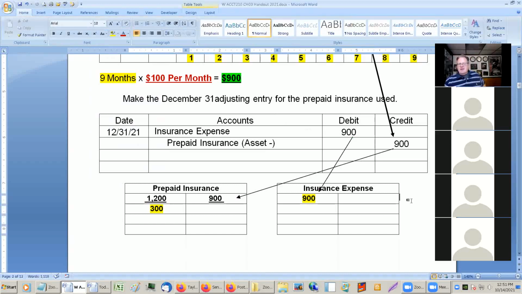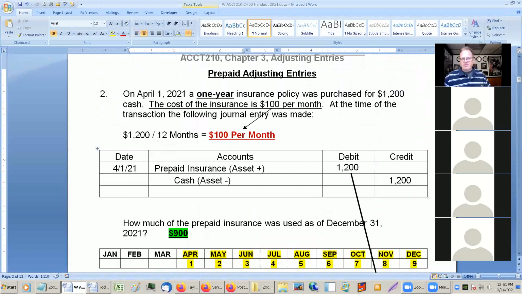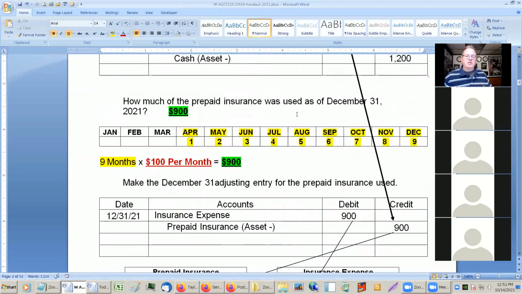So we're taking it out of prepaid insurance. We've used it up. You kind of see that this transaction doesn't fit into 2021, right? It goes into 2022. Well, we have to make financial statements in 2021, right? So that is why we have to do these adjustments.